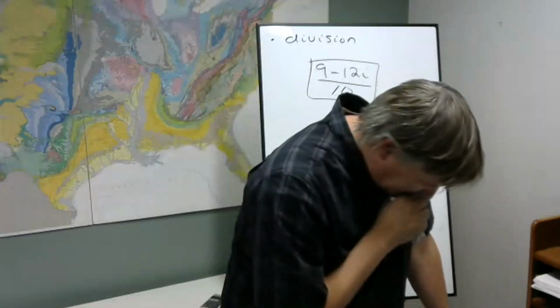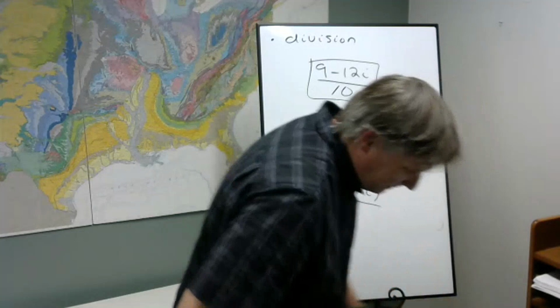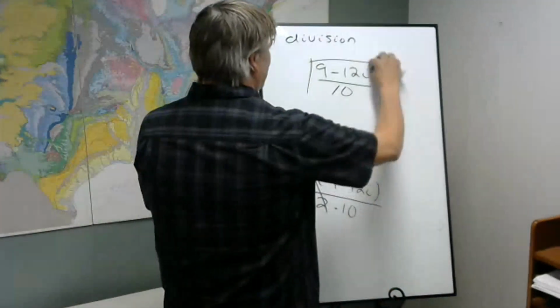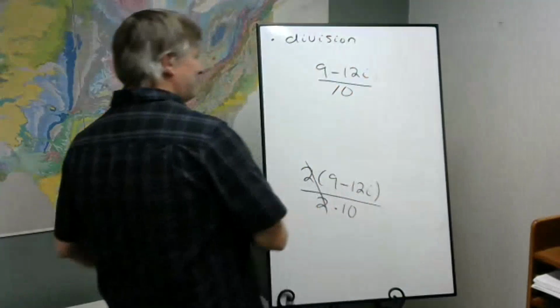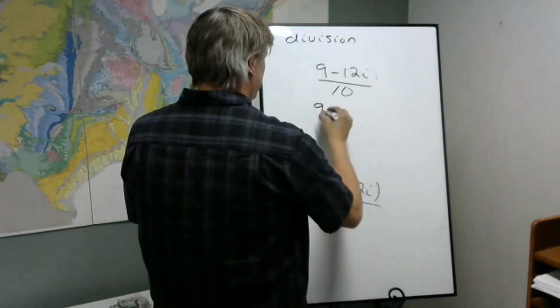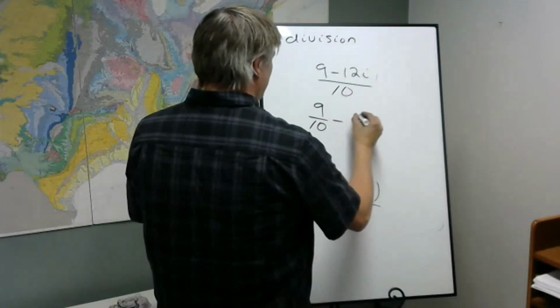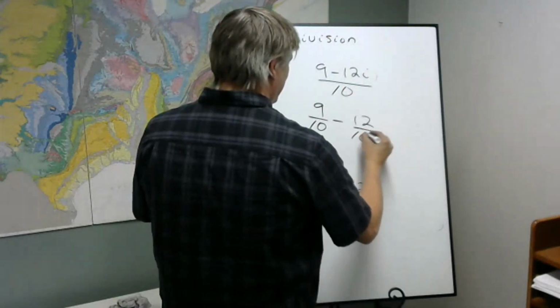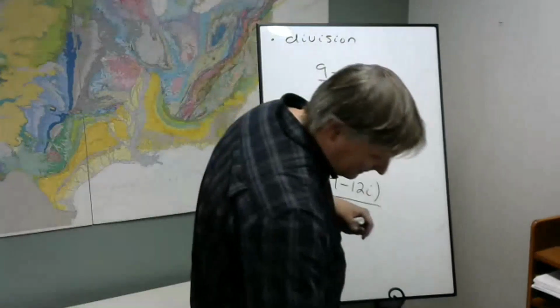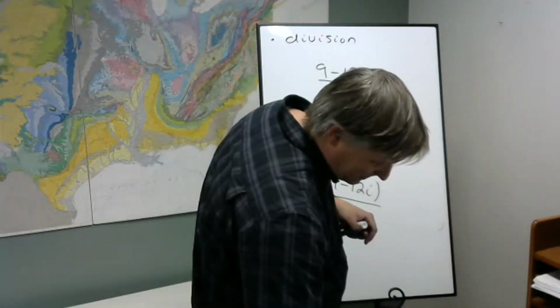Let's take a look at one more. Oh, I'm sorry, we're not quite done. Not quite. We want to break this up. So this will be 9 over 10 minus 12 over 10i. And in this case, let's double check how they want to do this.